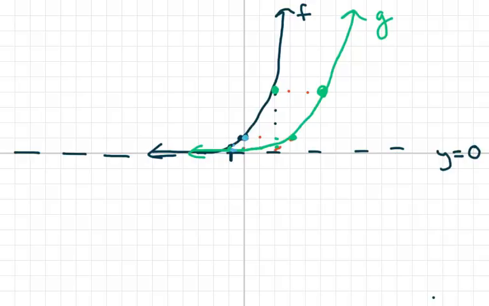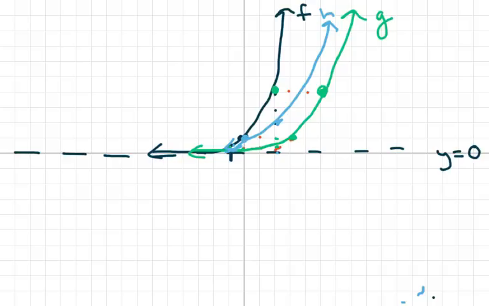We still cross, it still has the same y-intercept, but then 1/4 of 4 is 2. So it's flattening out here. It's kind of lower here, comes up here and flattens out. So that's the one that's just a little flatter than my f, my parent function.